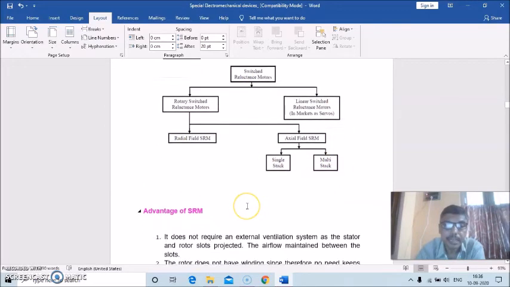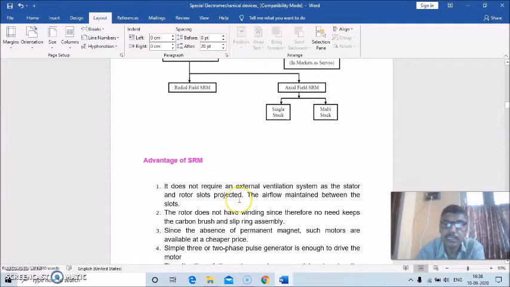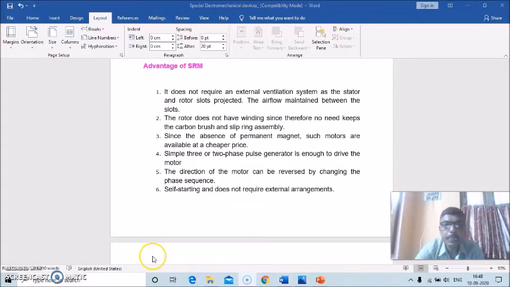Clear? And the advantages of SRM: it does not require an external ventilation system as the stator and rotor slots are projected, and the airflow is maintained between the slots. The rotor does not have a winding, therefore no need for carbon brushes and slip ring assembly.